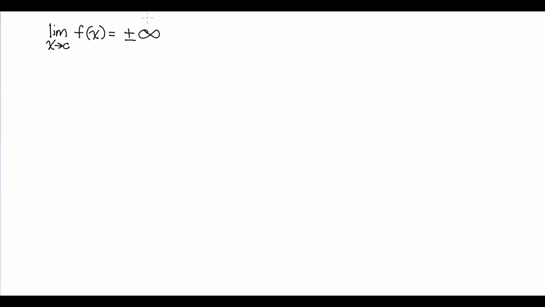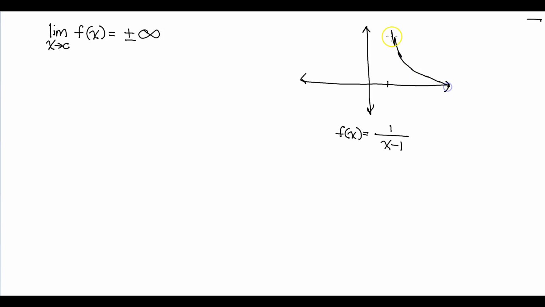So let's have a function like this. Let's have the function f of x equals 1 over x minus 1. So here is our graph.